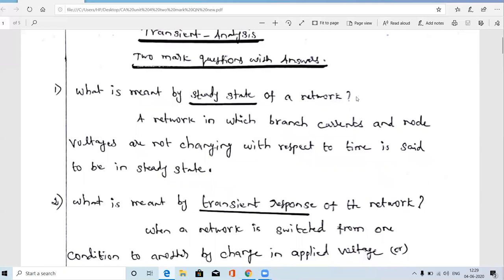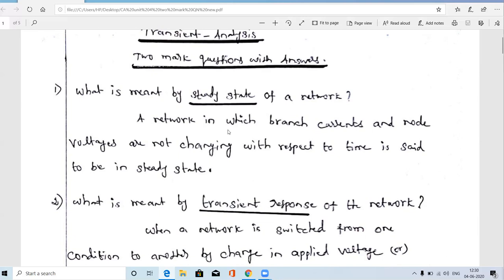Because of that input voltage, we find the voltage across a particular resistance or the current flowing through it. For example, if the current flowing through the resistor is 10 amps, that 10 amps is not varying with respect to time. The 10 amps current is always flowing through the particular resistor. That type of response we call a steady state response.